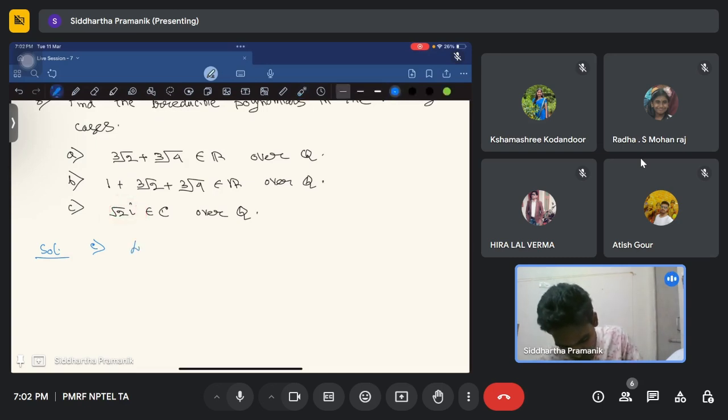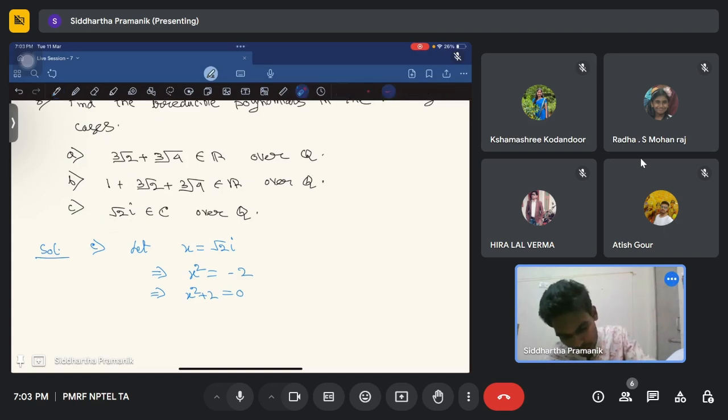Okay, so let x equal √2 times i. If we square both sides, then what will you get? So x squared is minus 2, right? So that implies x² plus 2 is 0.